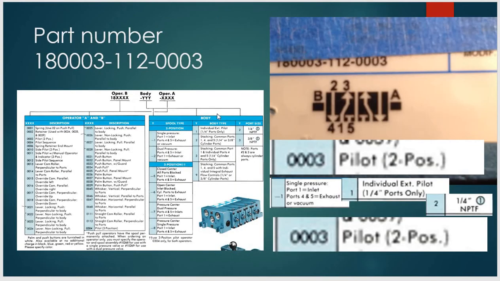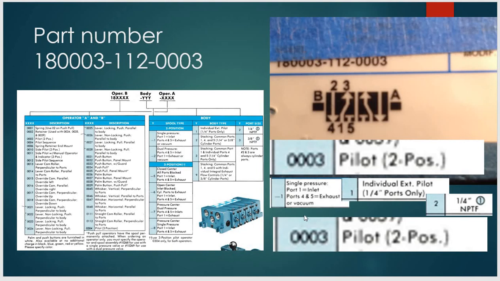Here's an example of a part number right off of one of the bodies, and you can see that this is the same configuration that I just showed you: single pressure port, the dual exhaust. And of course, on our B side, 1 goes to 3, 2 comes out through 4. And these numbers represent the ports, or the holes that are drilled through the body of the valve.